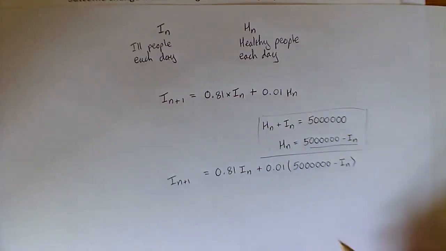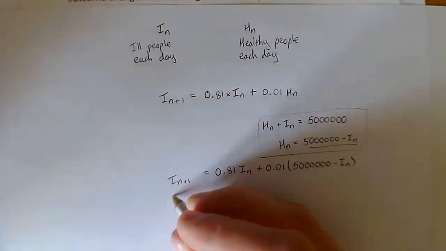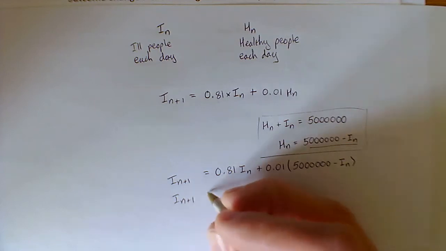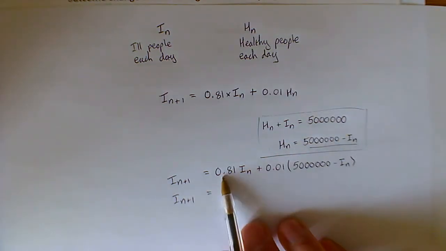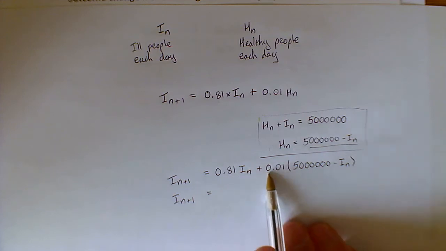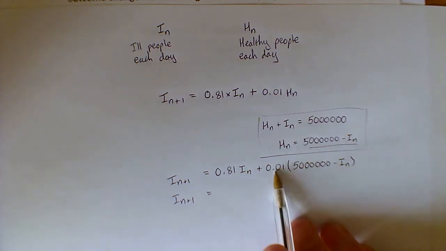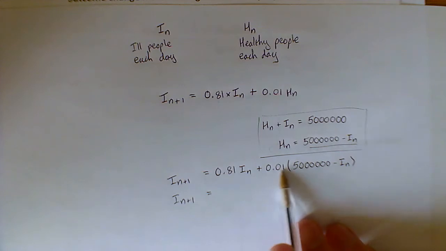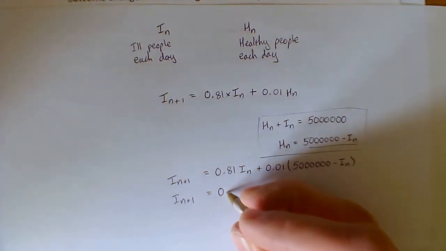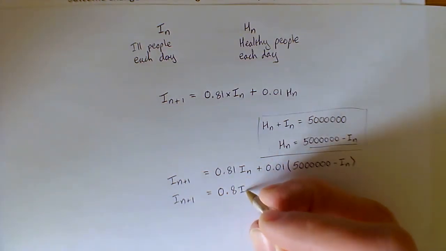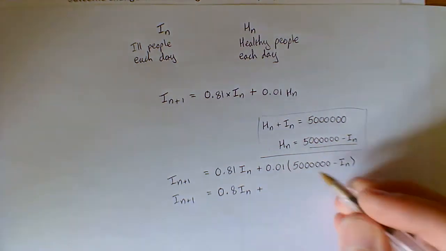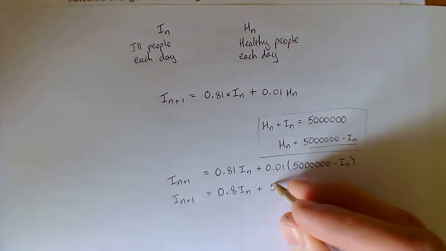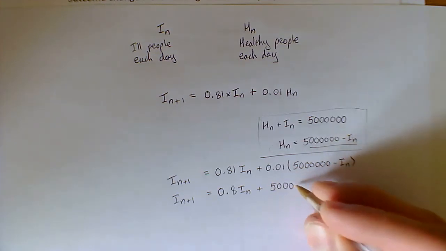Now we're on to something because that's all INs, so we can simplify. So IN plus 1 equals, we've got 0.81 IN, take away 0.01 IN, because we've got a minus there. So that leaves us with 0.8 IN. 0.01 times 5 million is 50,000.